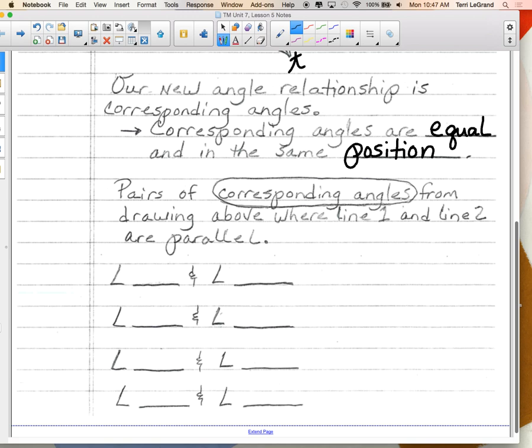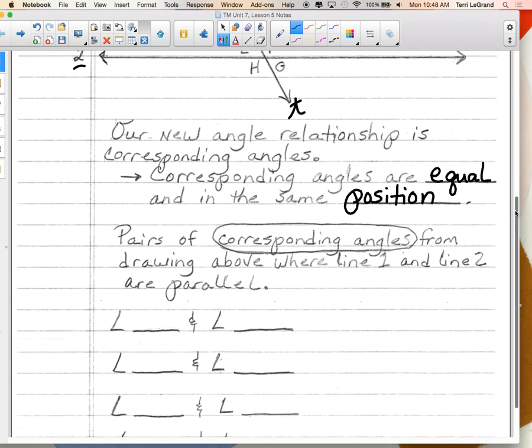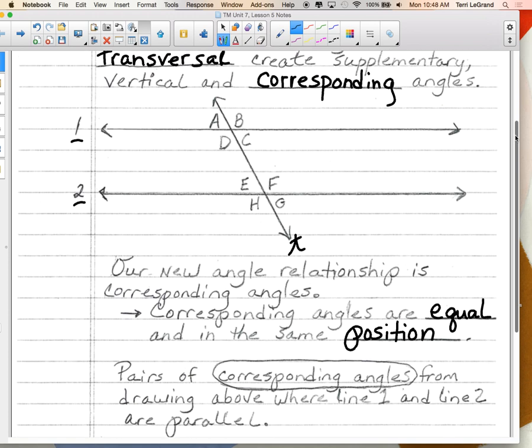There's this row of 4 tables. Caden and Sierra. All of them are in the same position. They're all on the left side of the table. So do you have an understanding of what I mean by in the same position now? Okay, so now let's see if we can identify corresponding angles from our drawing.